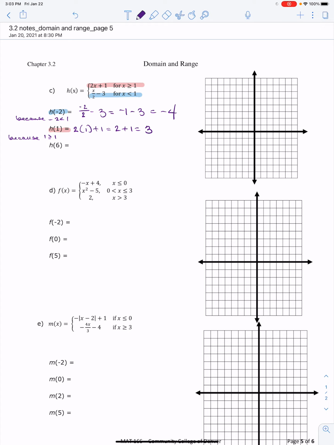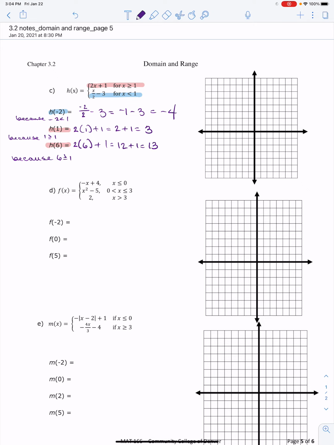Our last value is h of 6. That is just going into that pink part of the domain again because 6 is greater than or equal to 1. We get 2 times 6 plus 1, which is 13.